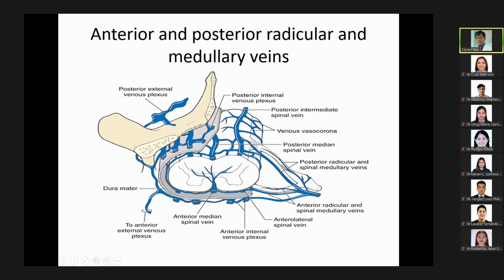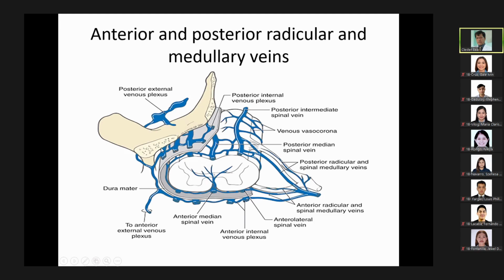This is your internal venous plexus. They lie inside the vertebral column but outside the dura mater. You notice that your internal venous plexus and spinal veins can also drain transversely or outward towards the segmental vein. The segmental vein drains to the corresponding region of the body.